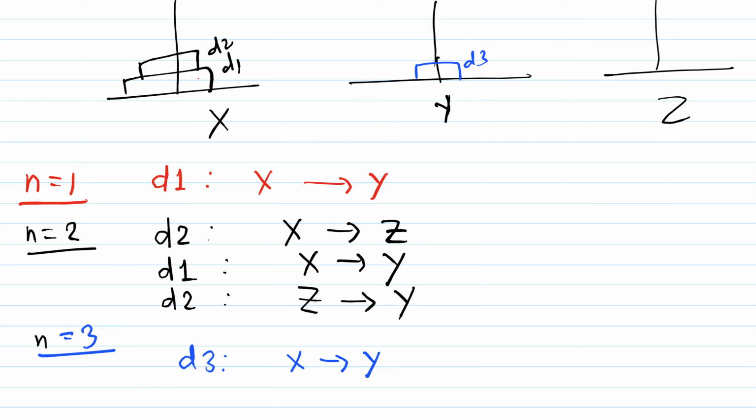Now we will take D2 from X to Z. We cannot put D2 here on Y because the larger one will be here. So we have to put it here. So D2 is here.